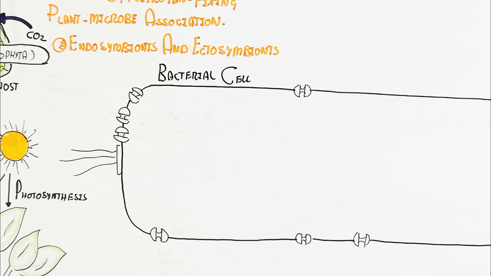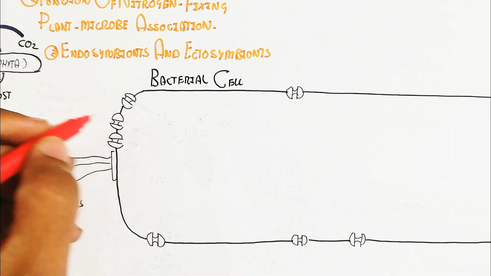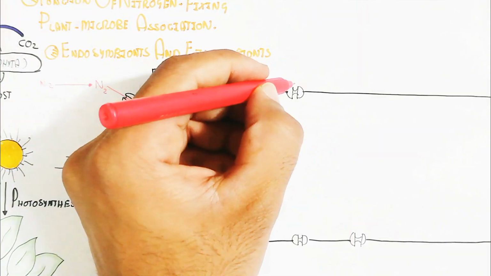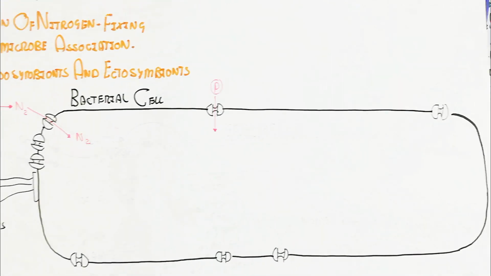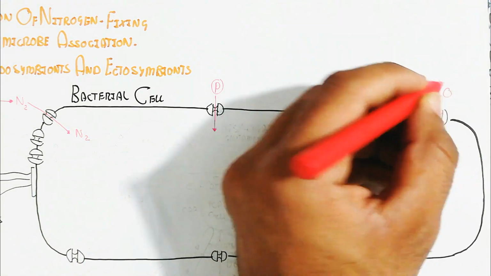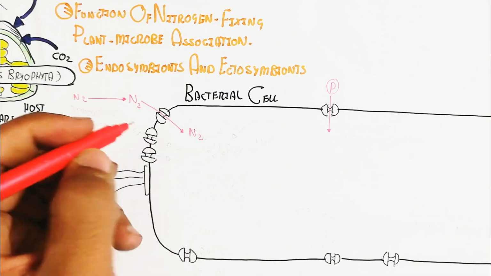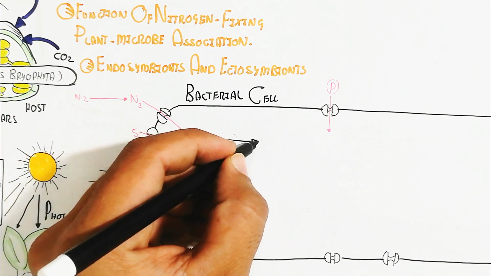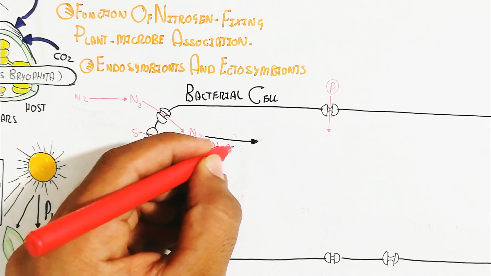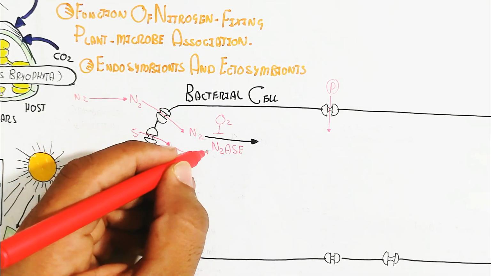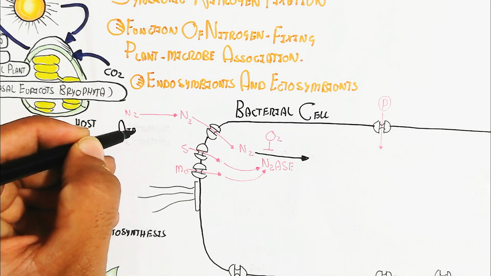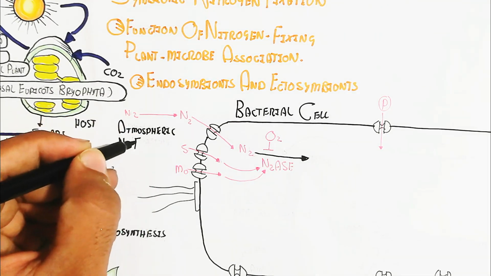Let's understand nitrogen fixation and nodulation growth. In this video we will discuss nitrogen fixing and nodulation, symbiotic nitrogen fixation, and adaptation. Atmospheric nitrogen moves through a nitrogen transporter into the bacterial cell, and the nitrogenase enzyme converts the nitrogen into ammonia.